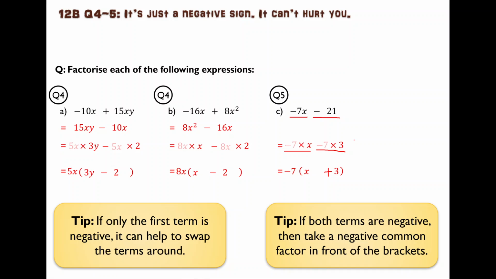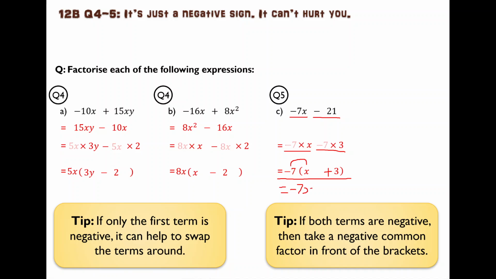This is tricky to get your head around, so one strategy that is really useful for factorization questions is to try to go the other way and check that your answer makes sense. So what I'm about to put isn't part of the answer, but will just help us to check that we got it right. So let's go backwards. Let's try to expand the brackets. Negative 7 times x is negative 7x.